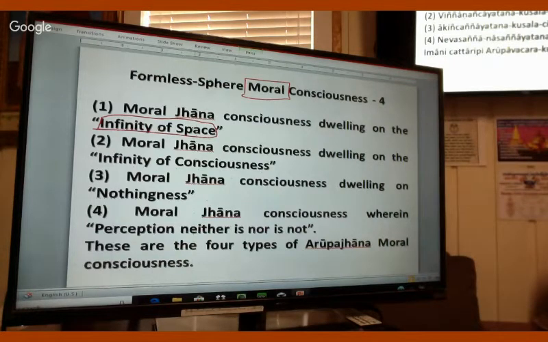Because of the very, very powerful mind, an imaginary space appears in the mind, which we call kasinugghatimakasa. We will explain that one day. Because of the power of mind, that kind of space arises automatically.